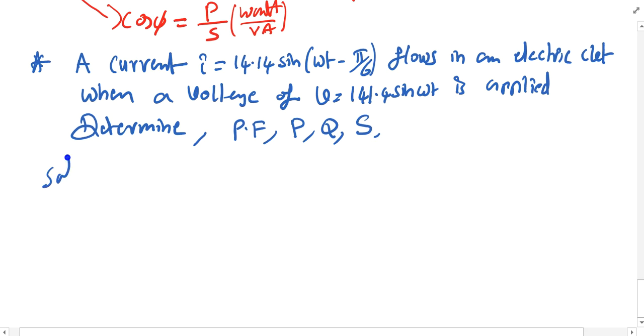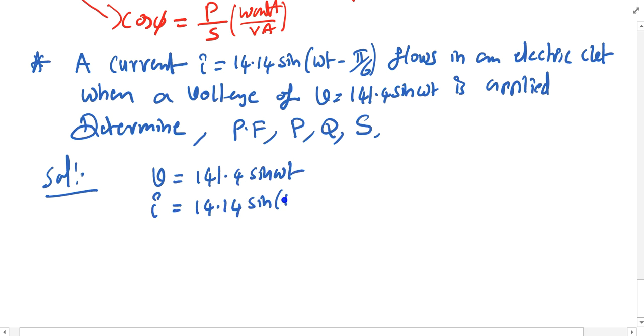So you can get the solution here. If you see this current and voltage equation, the voltage is 141.4 sin ωt, and my current is 14.14 sin(ωt − π/6). By seeing this voltage and current, I can say that this is a lagging power factor or inductive load.